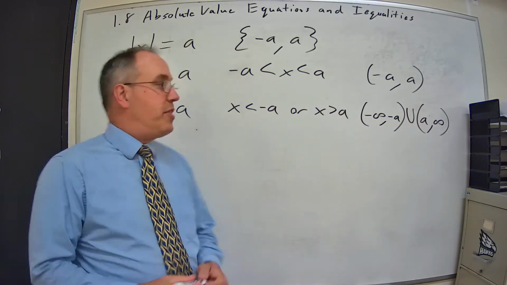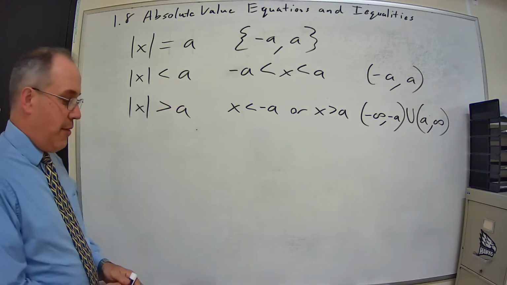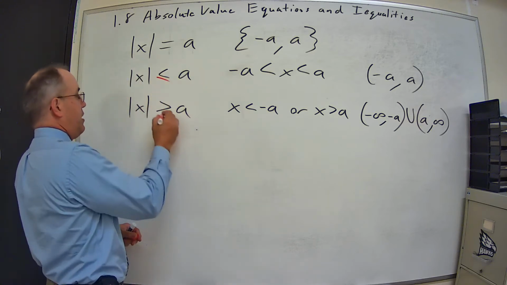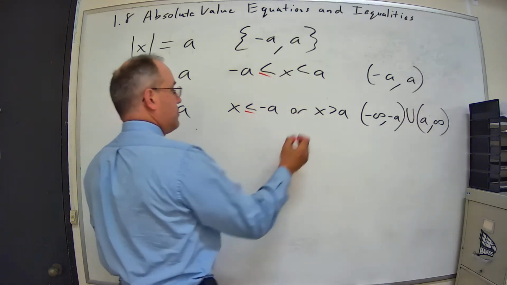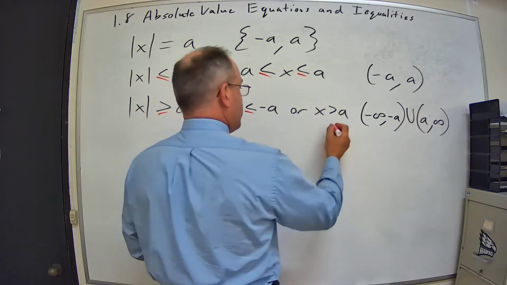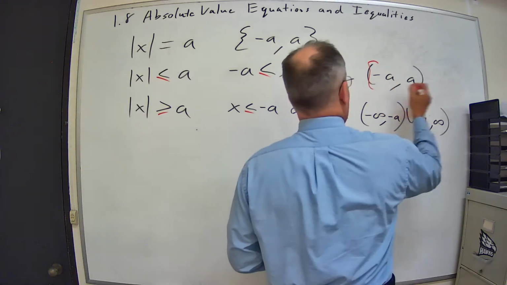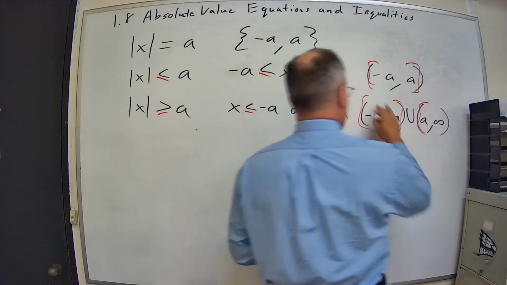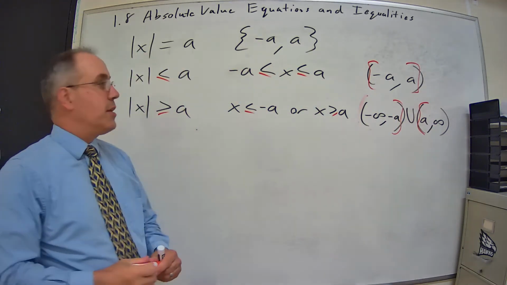Now I will note with these that these are strict inequalities. If they were not strict inequalities, if they included equals, then all that would change is that these would then include the endpoints, but don't include infinity, right?